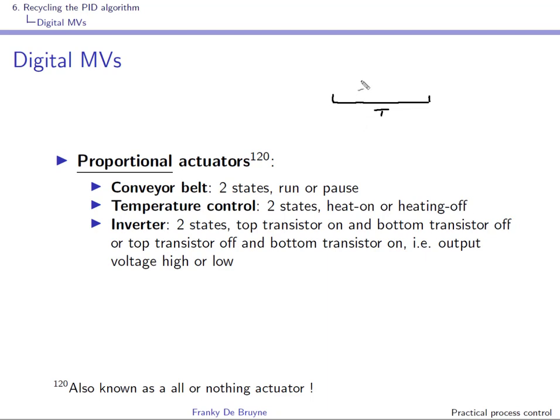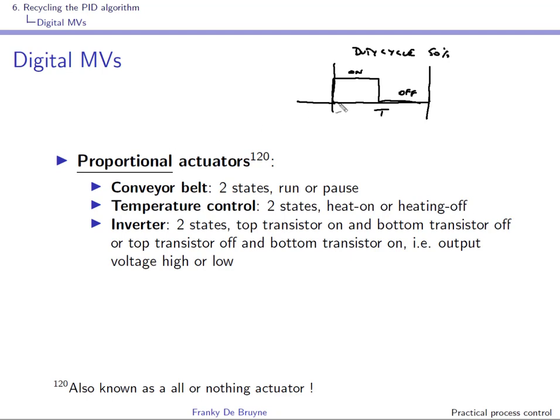So if you have here a duty cycle of, let us say, 50%, this means that in this period of time, 50% of the time you have on, right, and 50% of the time you have off, right?